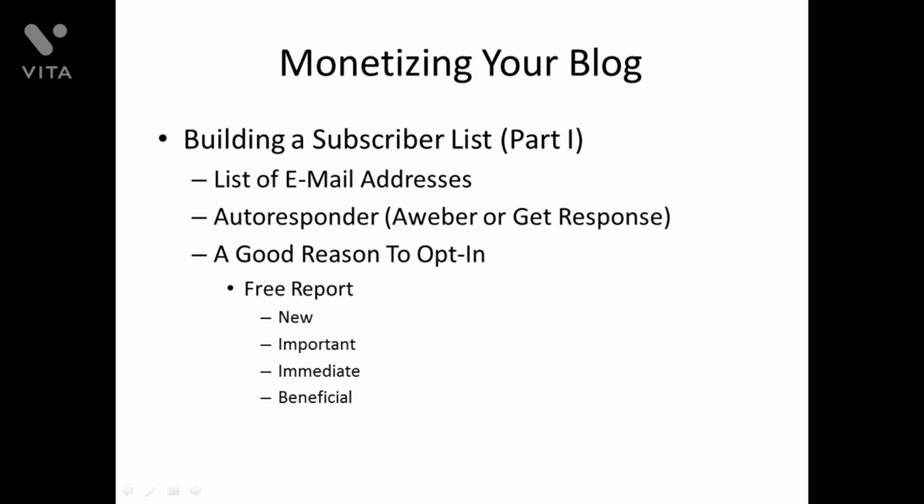Therefore, if you are reviewing a product, as we talked about in the last video, if you are introducing a new affiliate product, or you have created a product of your own, when you have an email list, you can literally show that email list everything that you're doing new on your blog.